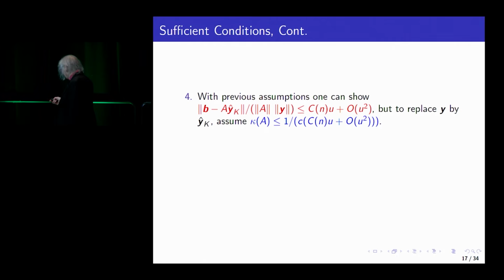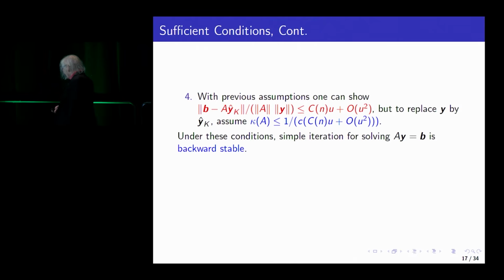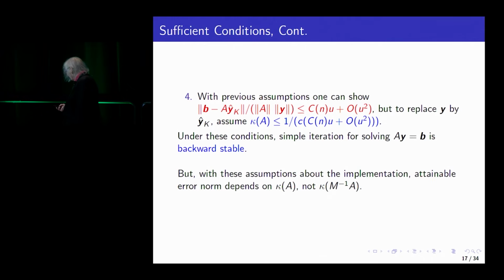Then to replace y in the denominator by yk hat, we have to make the assumption that the matrix is numerically non-singular, that its condition number is less than or equal to 1 over a moderate size function of n times u. So under these conditions, simple iteration for solving ay equals b is backward stable.